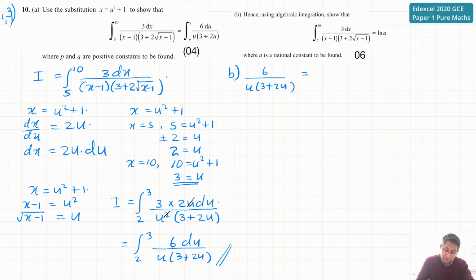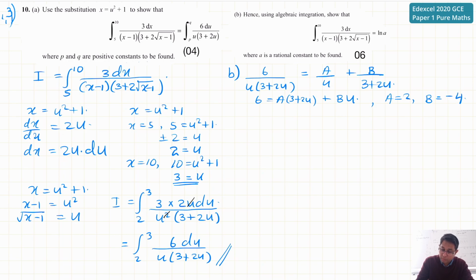You can write the partial fractions of this as a over u plus b over 3 plus 2u. We can write 6 equal to a times 3 plus 2u plus b times u. If you substitute u equal to 0, you would find a equal to 2, and if you substitute u equal to minus 3 over 2, you would find b as minus 4.